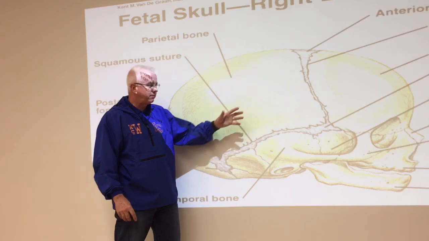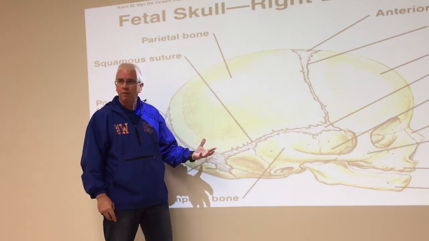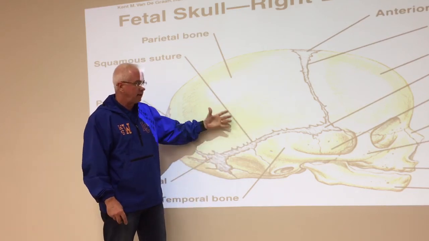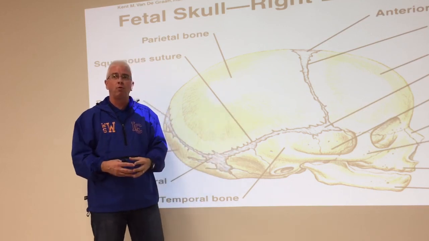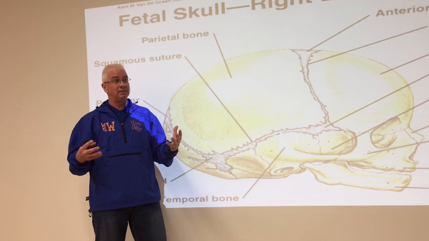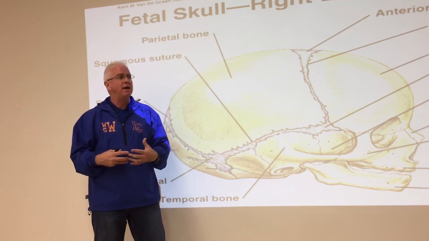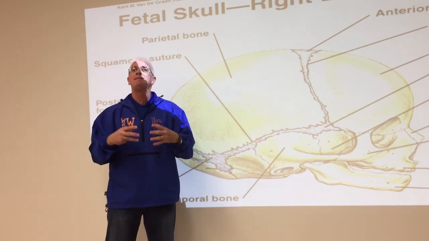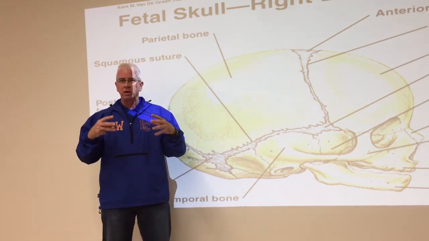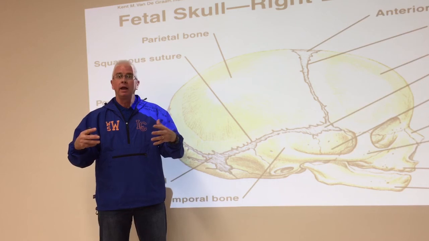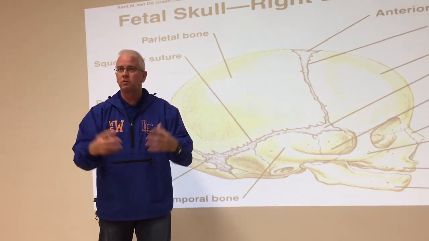In addition to providing some room for the child to be born, to make their heads cone-shaped, these soft places allow for growth of the material inside the cranium. Never again in your life will the brain mass increase as quickly as it does in the first 3 years of your life. And so without the room to grow, there's a problem.